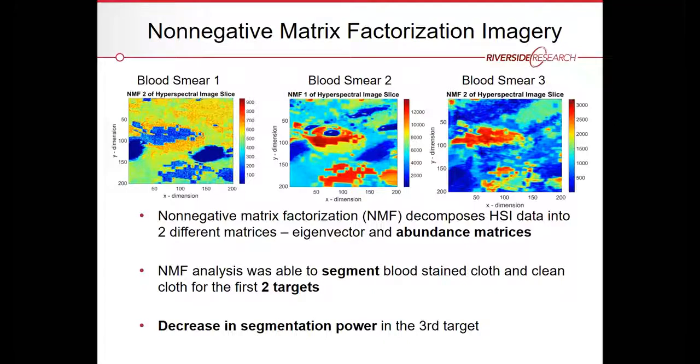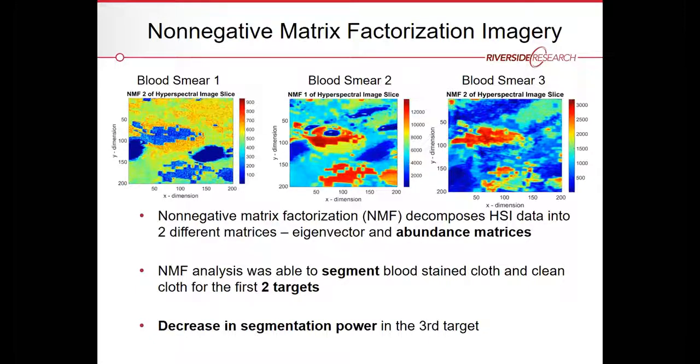What is important about what you see is that the NMF analysis is able to segment the blood-stained cloth and the clean cloth very clearly for the first 2 targets. If you look at target 1, you'll see 2 heavily blue spots. That's the blood stain. So very crisp segmentation in that image.